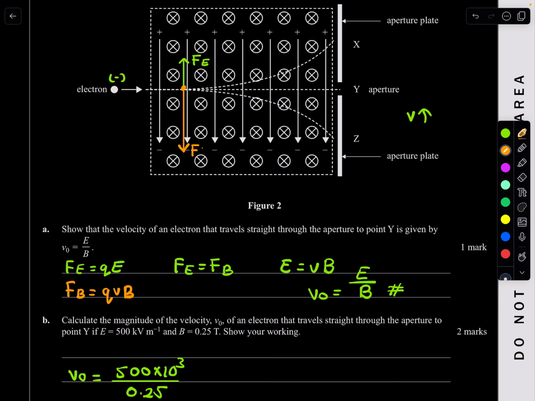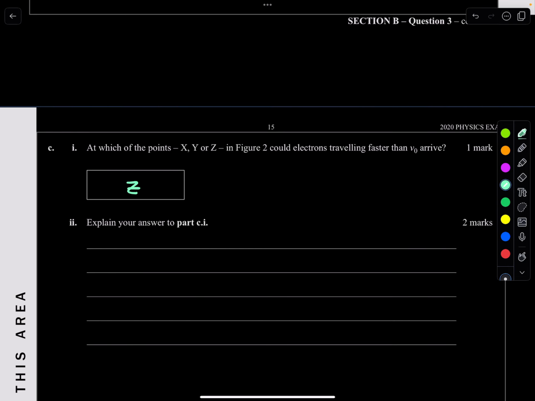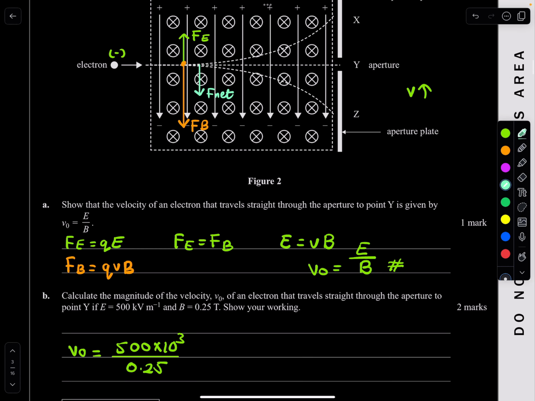So now it's force B. What we have is now an unbalanced force, where if you add these two up, we'll have a net force that's going to be acting downwards. That tells us that if the net force is downwards, it's going to curve downwards towards Z. So your actual answer has to be Z, because now it's an unbalanced force where your magnetic force is larger than your electrical force.